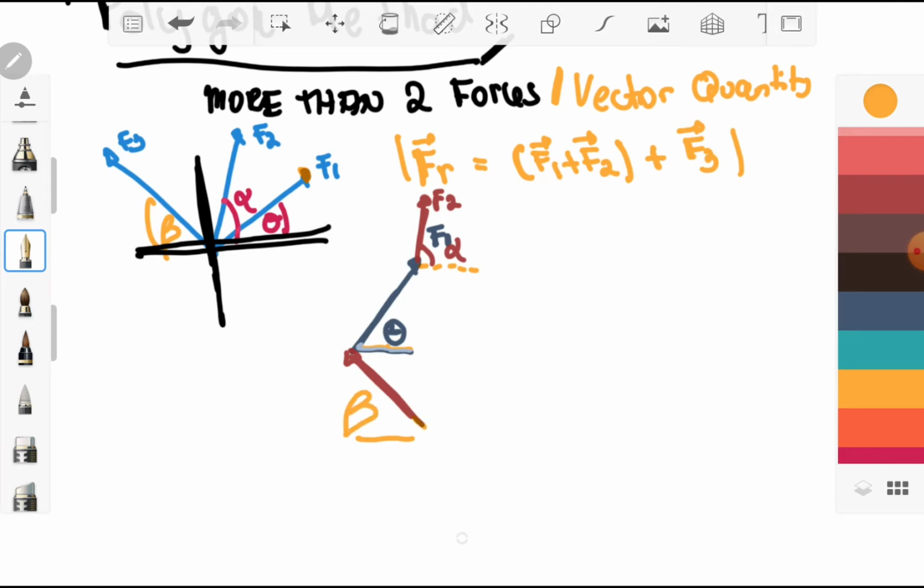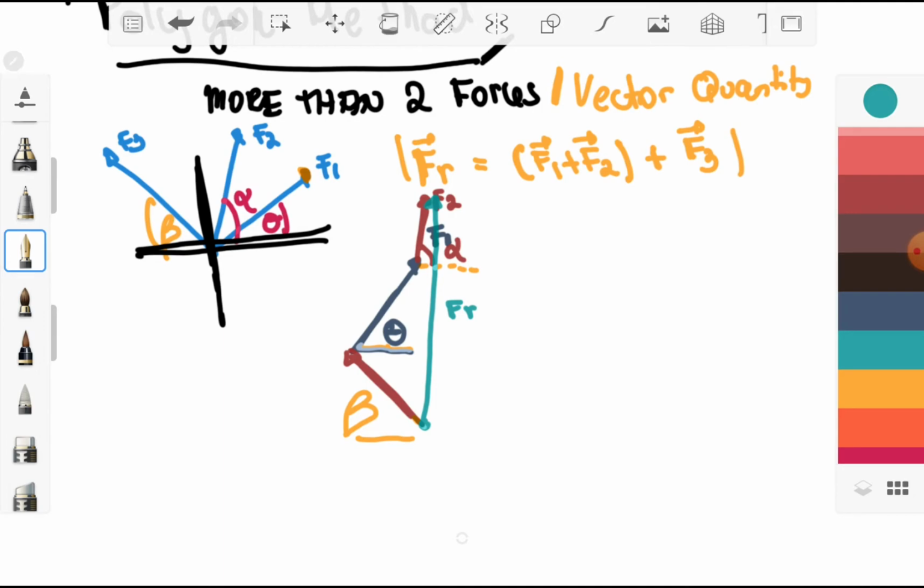So, how will I solve for the resultant force or the resultant vector quantity? From my starting position, which I started in F3, take note that it is optional, F3 to my F2, this will be my FR.